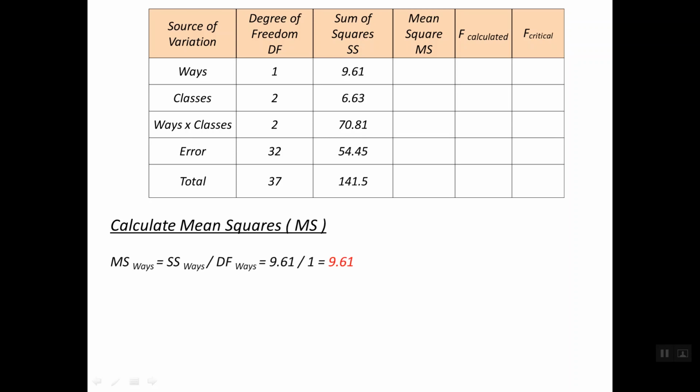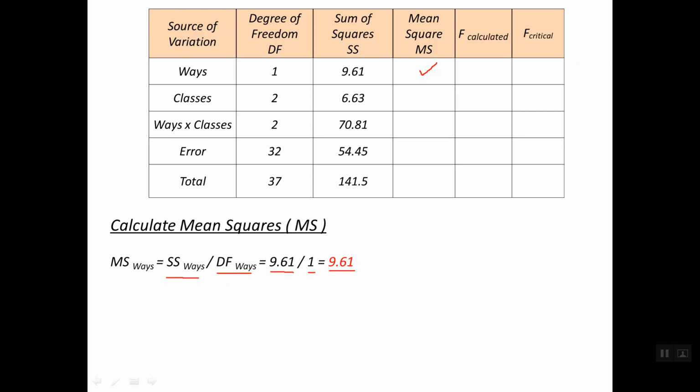So first, to calculate the MS for the first factor, which is the ways, we divide the value of the SS for the ways by the degree of freedom for that factor. This is the SS for the ways, and the degree of freedom is simply 1. So this is the MS for the first factor.